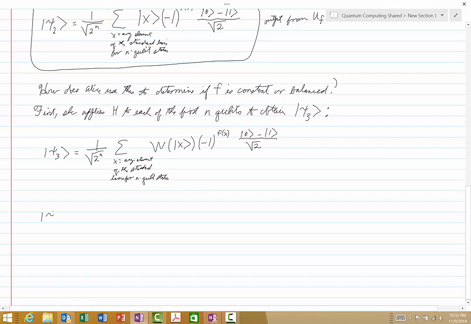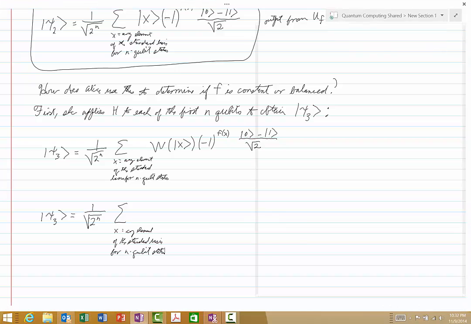But now let's investigate this W of x, and to do that, as I mentioned, we're going to look at a previous result we have obtained.